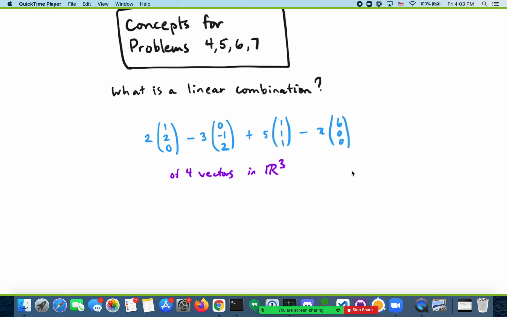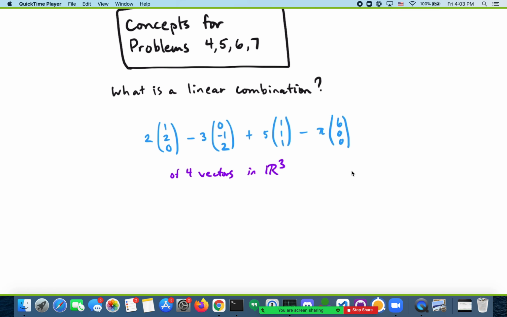I've written it as a column here, but we could write it as a list of three numbers separated by commas, and we'd say that's an element of R3, so we call it a vector. Now, in front of that vector is a number, in this case negative pi, in this case 5. And those are scalars.